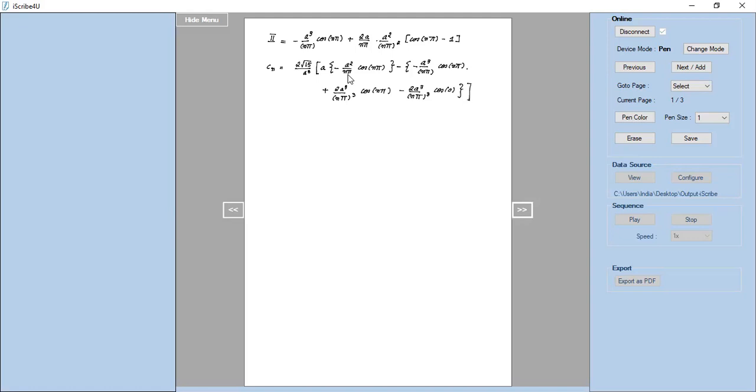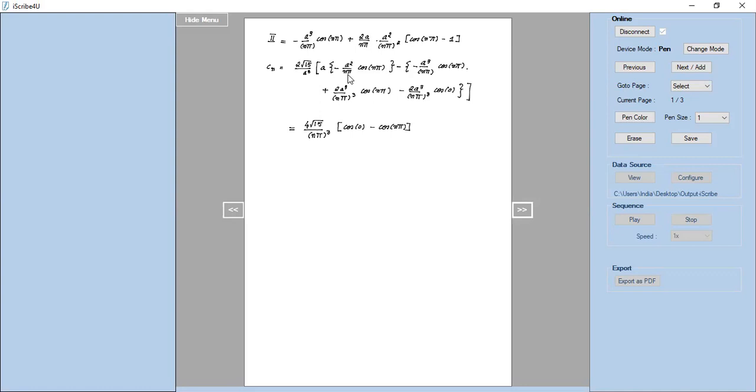So if you simplify this finally, what I'm getting is essentially 4 root 15 by n pi cube, and I get over here a cos of 0. You can write it as 1, of course, cos of n pi. This is what I essentially got.